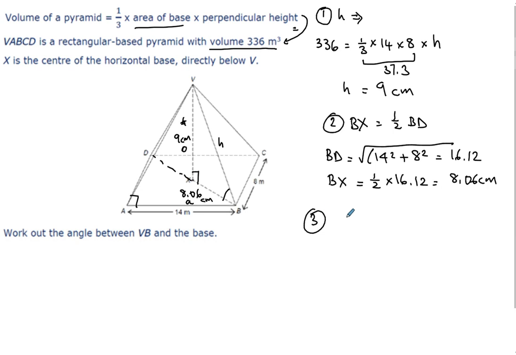So then the angle VBD equals, okay, if it's an angle, then we know we're going tan of which angle, and then O over A, so you've got 9 divided by 8.06, and we get 48.15.